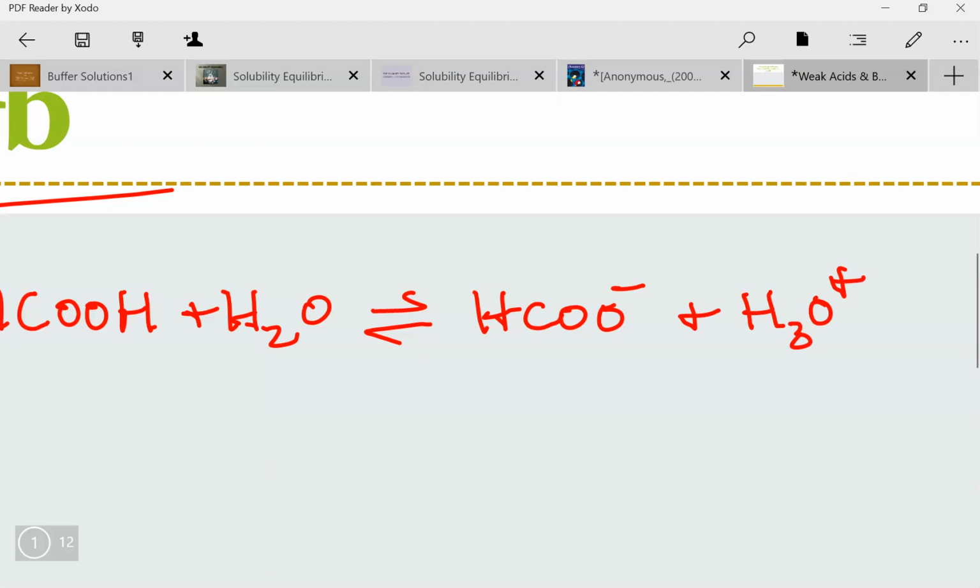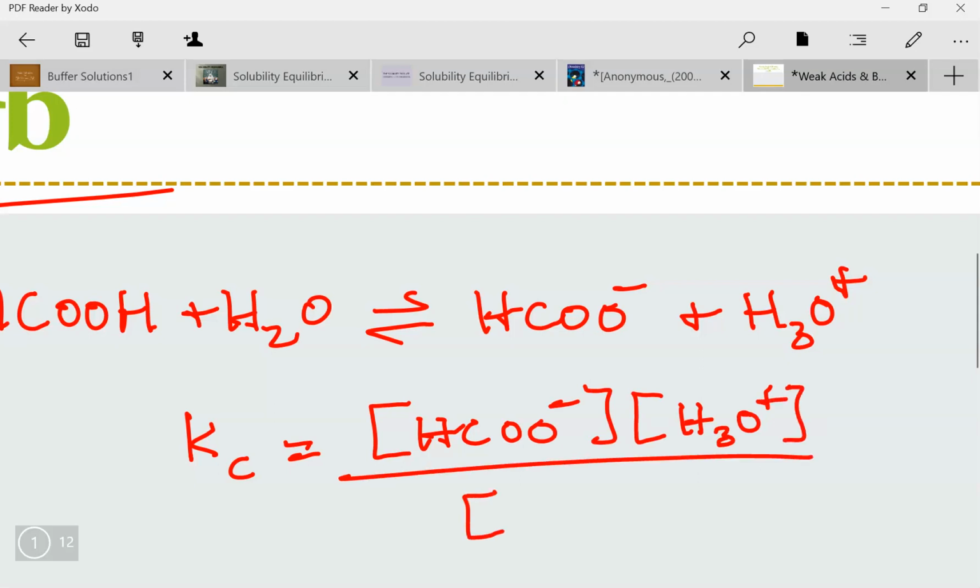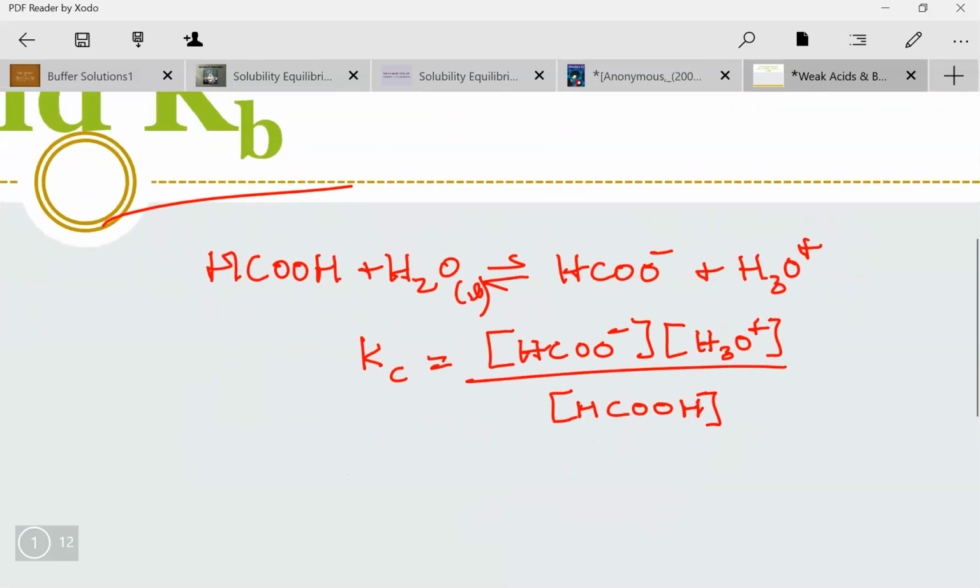And when we write our equilibrium expression, we're going to write Kc equals HCOO minus times H3O plus divided by HCOOH. I'm ignoring the water because it's in liquid state. All the others are aqueous, so I will count them for my Kc.